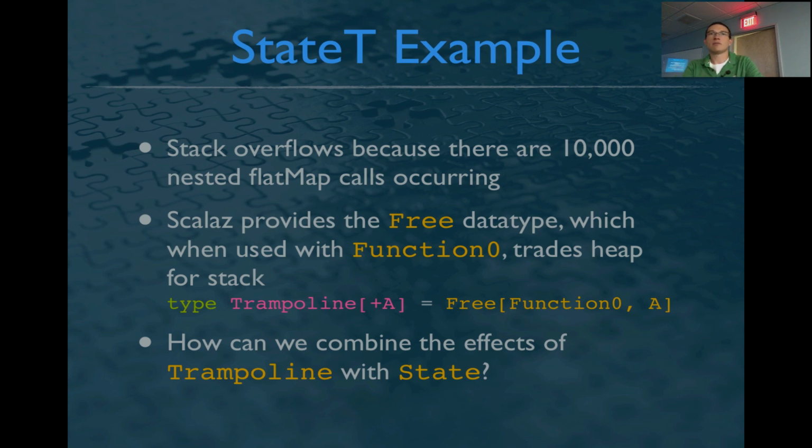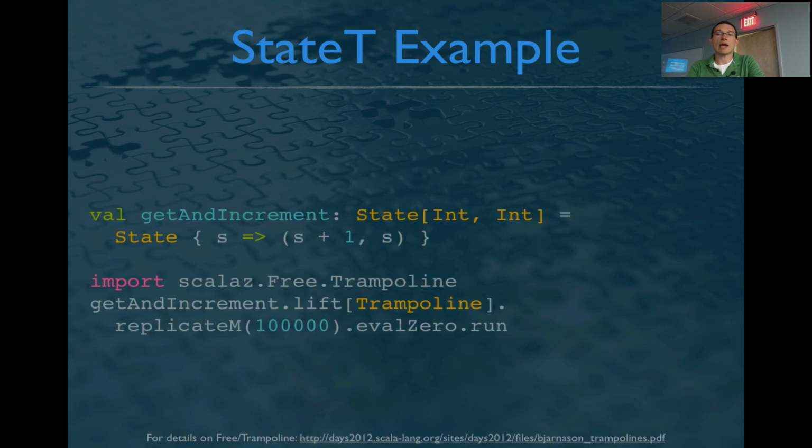I didn't even explain that well, and I'm not going to give you the theory behind that. There's a couple really wonderful write-ups on that data type. There's Runar's blog from a couple years ago, as well as a paper presented at Scalaz 2012 that talks all about that. I think he starts with State, in fact.